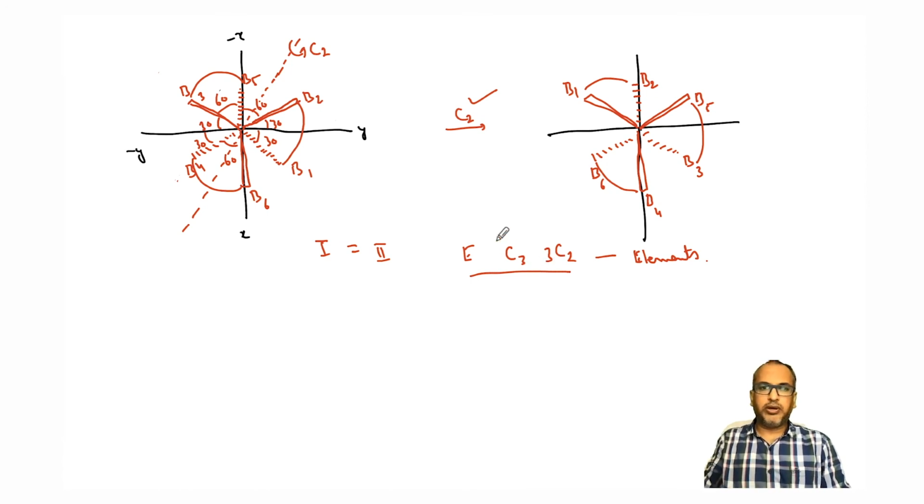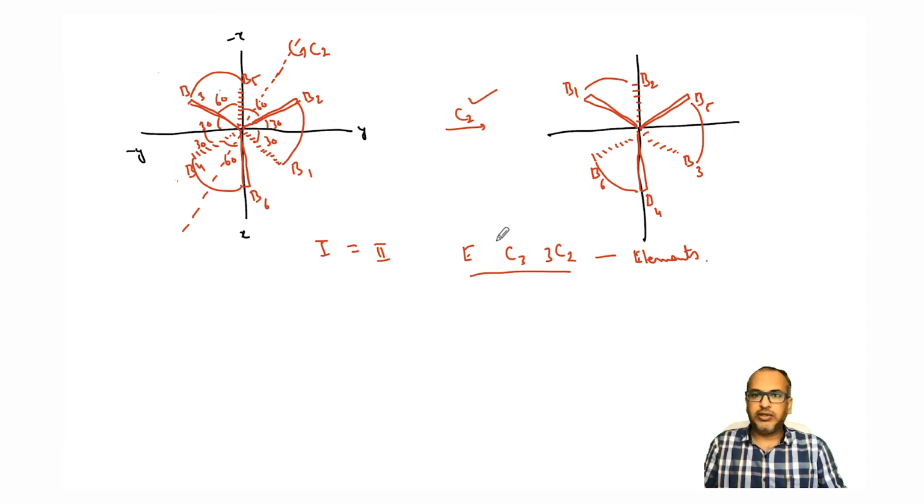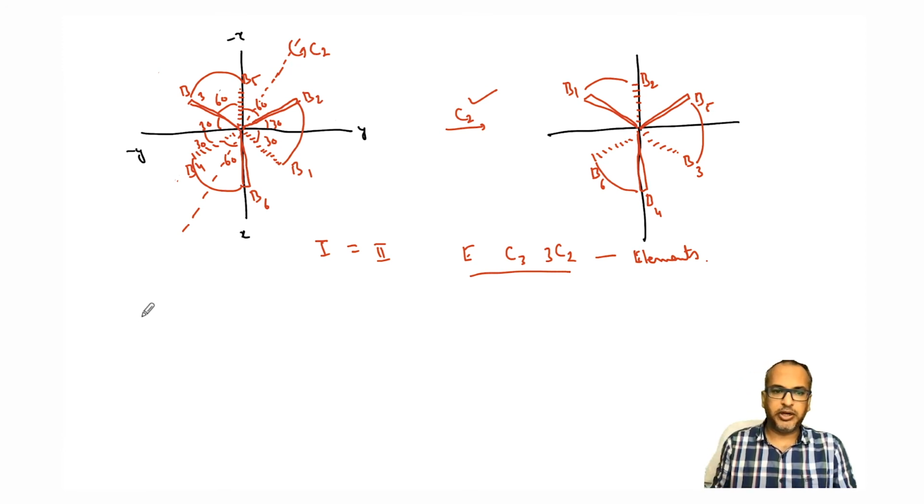So I hope the visualization part, which is very, very important for this course, is now clear to some extent. We should also be practicing a lot of molecules. Pick up any molecule, look at any object around you, and try to find out what the symmetry elements and symmetry operations are. I'll give you some examples. For example, try to find out for the letter E what symmetry elements are present.